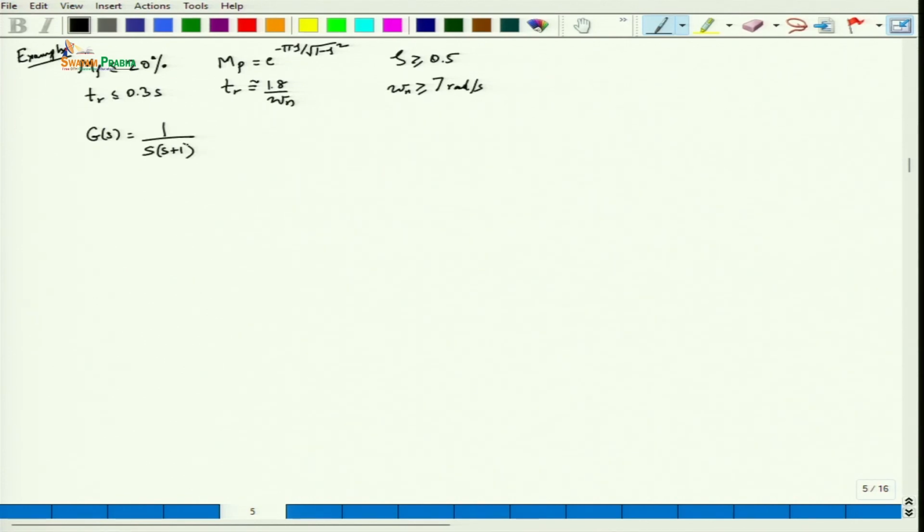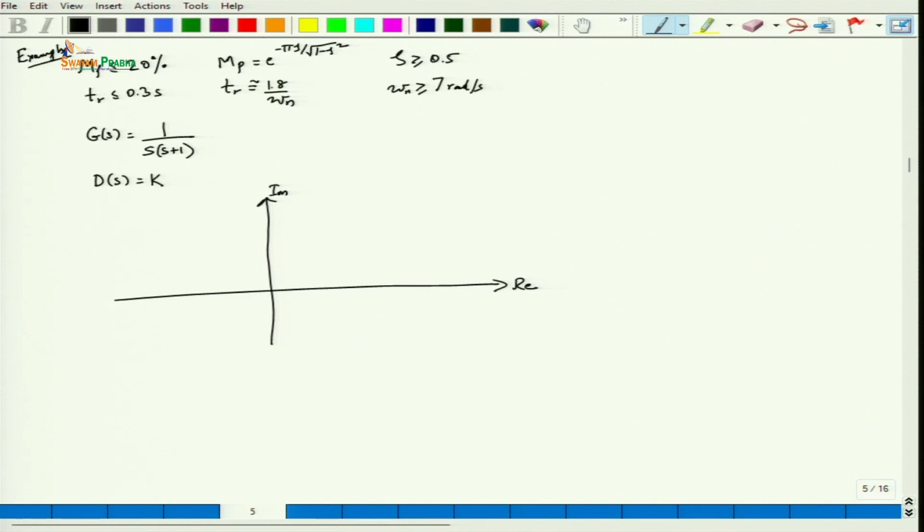let us design a controller. So let us first start with D of s is equal to k. So in this case, we can come ahead and plot its root locus. So this is the real axis, imaginary axis.